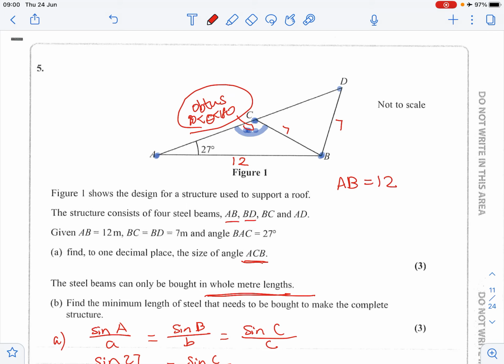We have BD, which is 7. We have BC, which is equal to 7. And now we just need to find AD.